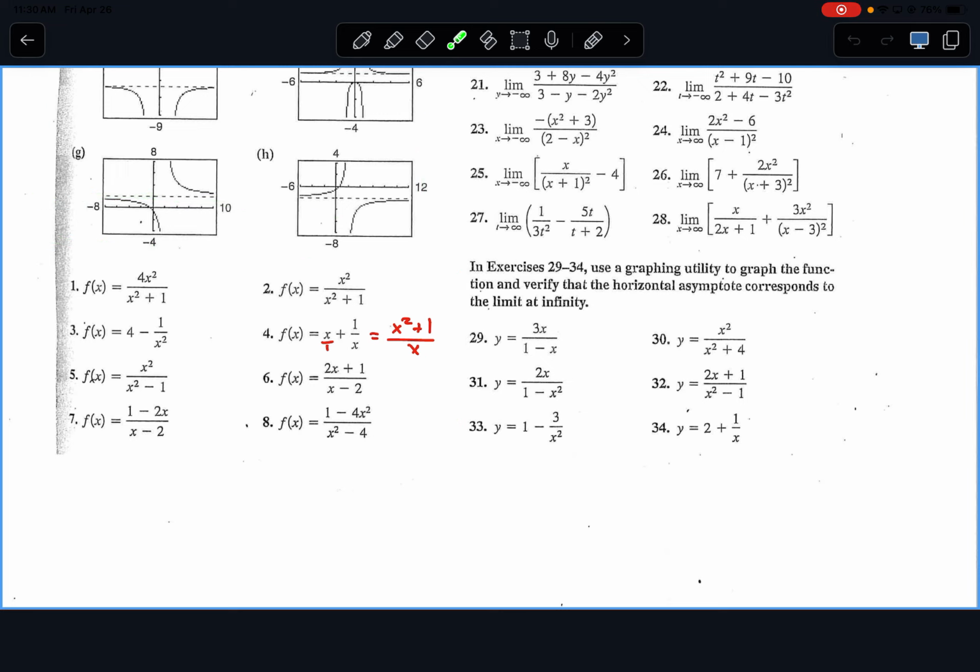What I would suggest you do to make this as easy as possible, take your equation, whatever equation it is, find your vertical and horizontal asymptotes, and then look at the graph and see which one matches your vertical and horizontal asymptotes. Okay? So take the equations, and notice on number 4, this will help you, by the way. If you take what is given, and let's say you actually found a common denominator and put it together, this is what you would actually get.